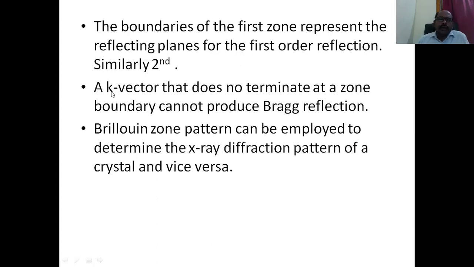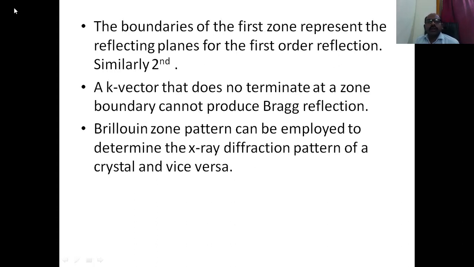Okay. Now, a K vector that does not terminate at the zone boundary cannot produce Bragg reflection. As we discussed just before, the vectors which do not terminate at the zone boundary cannot produce Bragg reflection, and the vectors which do terminate at the zone boundary can produce Bragg reflection.